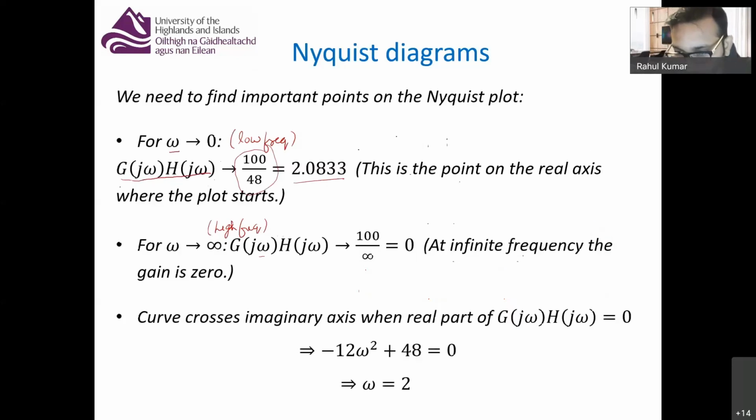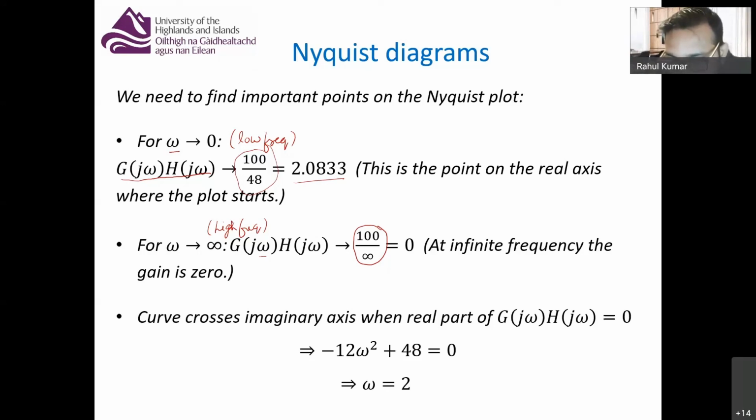So you get 100 divided by infinite, which is equal to 0. So basically the Nyquist plot will start from 2.08 and go all the way and end at 0. Because it starts from the lowest frequency and goes all the way up to the highest frequency, it is a closed figure, so it will end at 0.